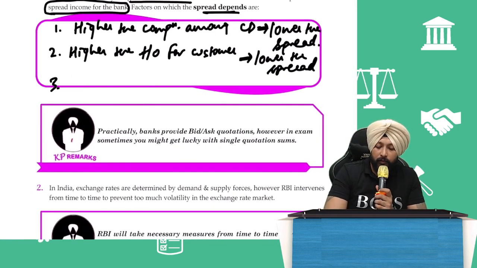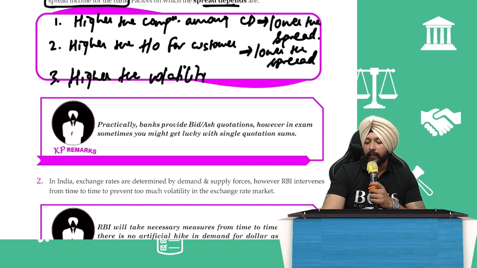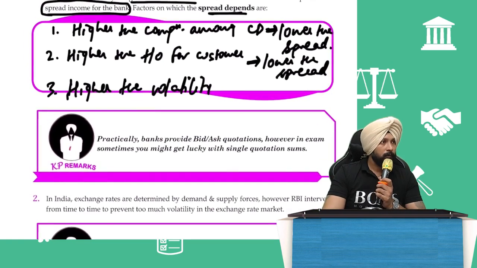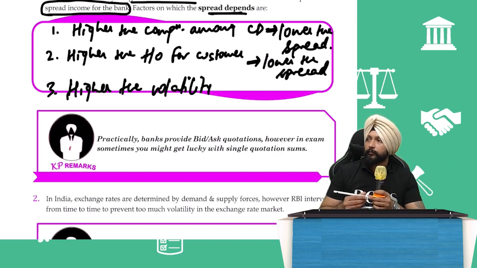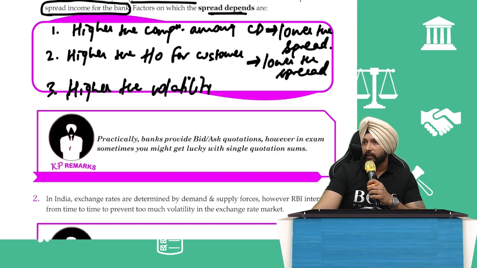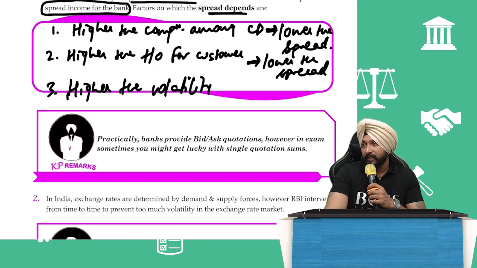Point number 3. Higher the volatility. You remember I told you volatility represents risk. More volatility means more risk.